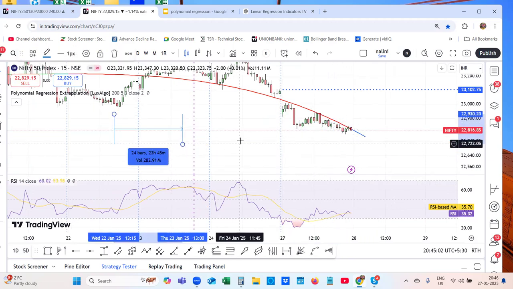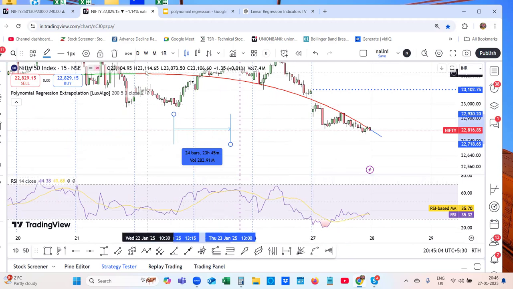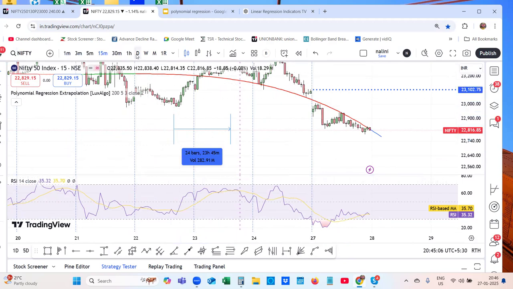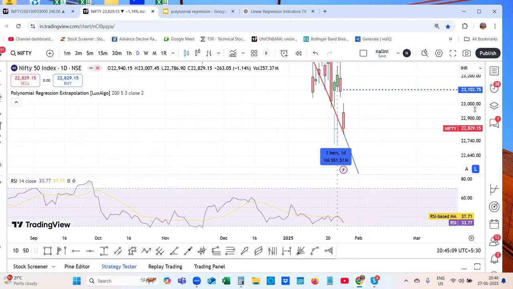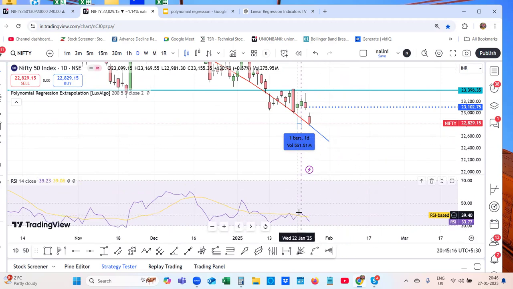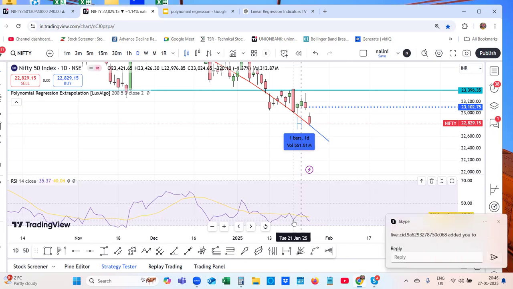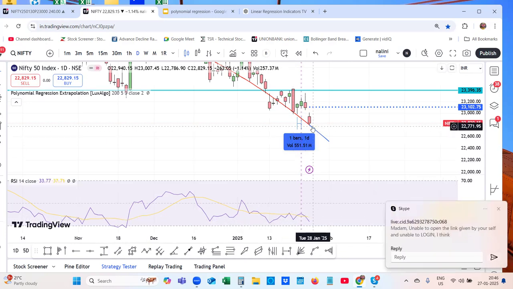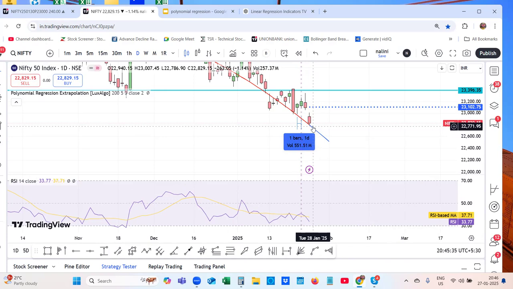Tomorrow, we need to carefully watch where it is going to end. Let us go back to the daily time frame. On the daily time frame, the RSI has crossed below and it is below this line. So the trend may continue downwards.